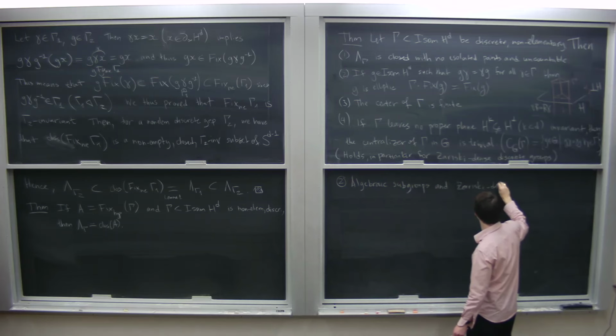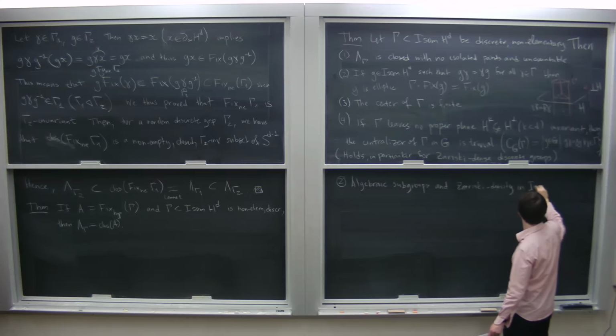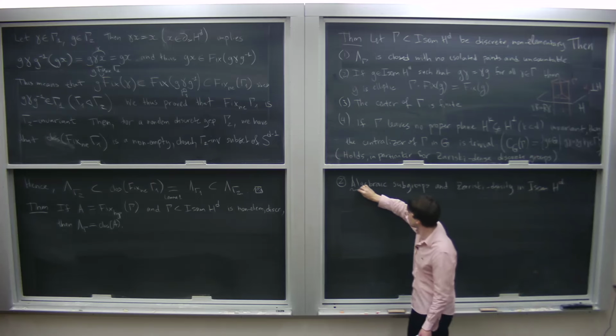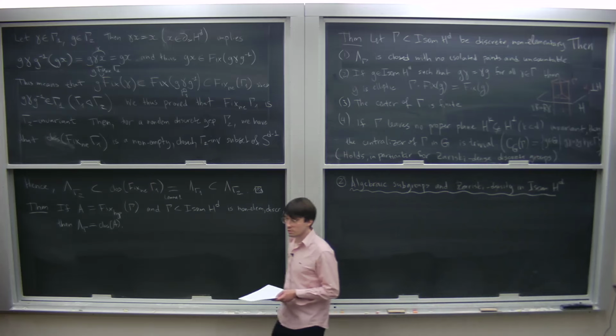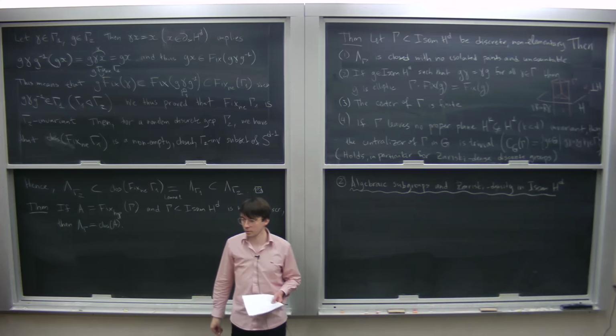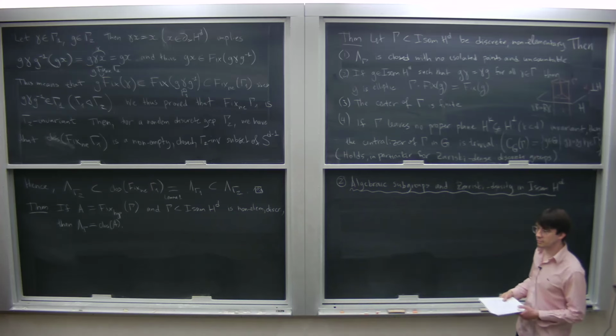And Zariski density in Isom(H^D). By the way, any questions so far? No, all good? So in case 2, I guess also case 3, how is that lambda gamma going to lie in this proper plane?